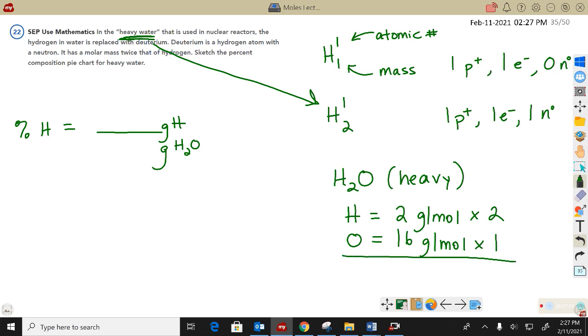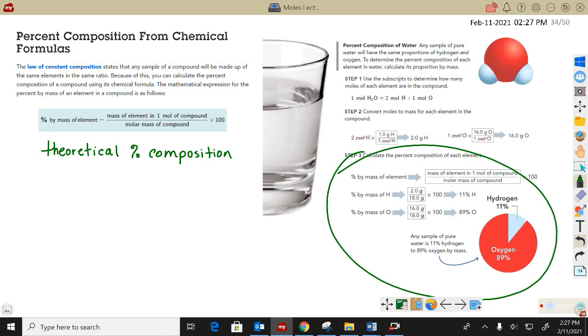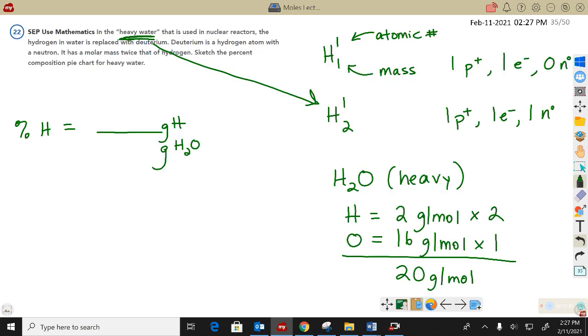So this is 16 and 4 for 20. Whereas normal water has a mass of 18 grams per mole. Because normally hydrogen's molar mass is 1, oxygen is 16. So that heavy form of water adds a little bit of mass coming from the hydrogens.